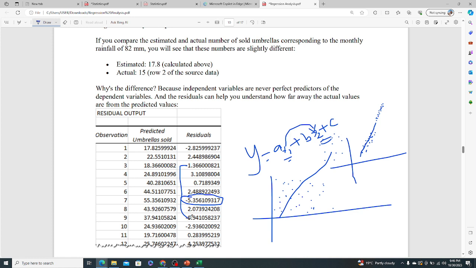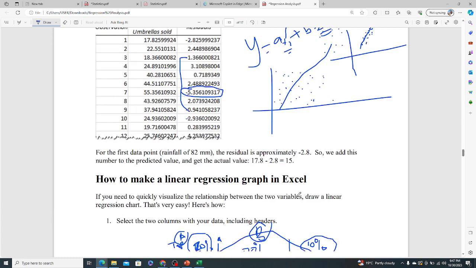Most of them range between negative 2 and positive 2, meaning they will be on this area.